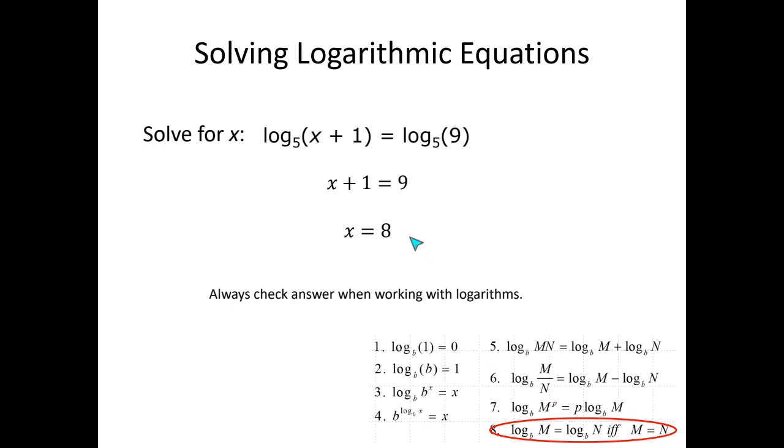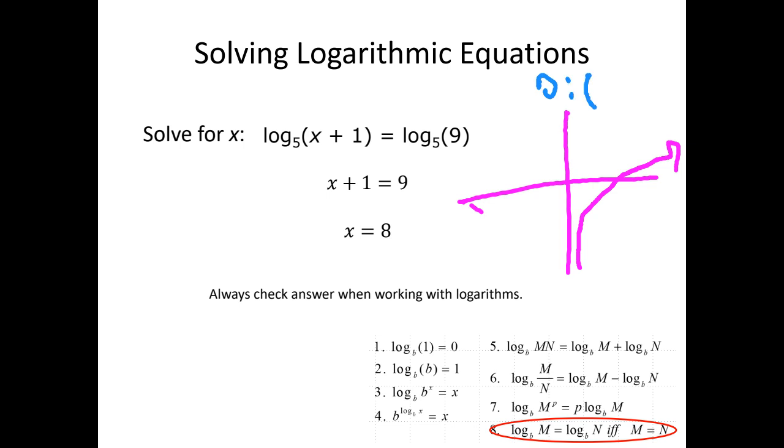So in logarithmic functions, you always have to check your answer because if you remember, let me sketch the graph really quick. On one of the first slides, the graph looks something like this. Okay, and so what this tells us is that the domain for logarithmic functions is from 0 to infinity. In other words, we're only using the x values here.